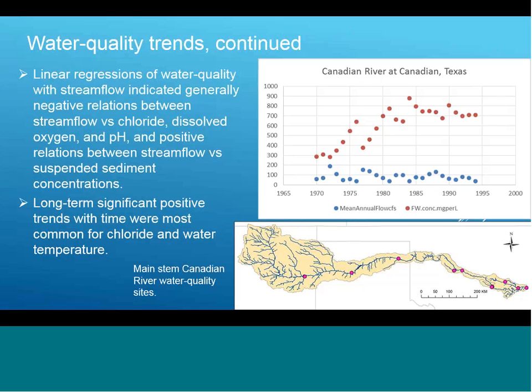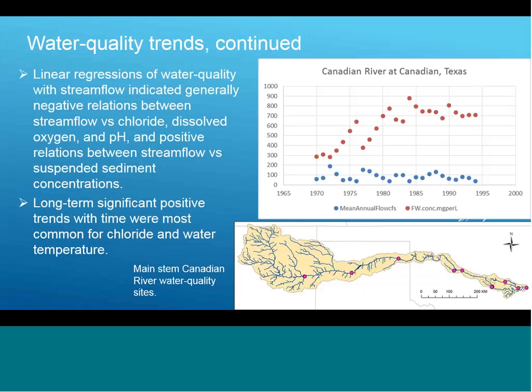Also negative relations between streamflow and DO and pH. In the case of DO, it may be organic matter coming into the streams through overland flow during wetter periods. We did, as you might expect, find positive relations between streamflow and suspended sediment. That's quite common basically everywhere you look.